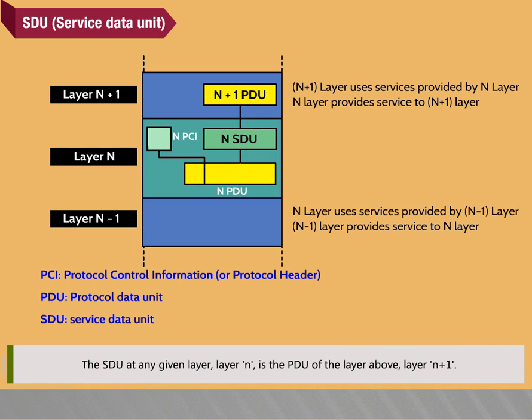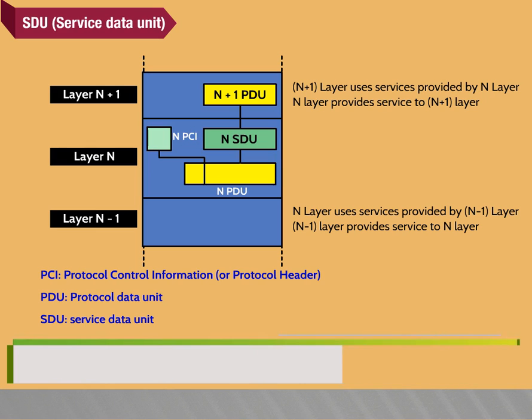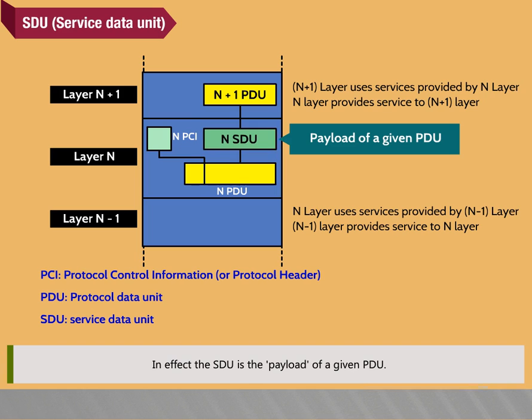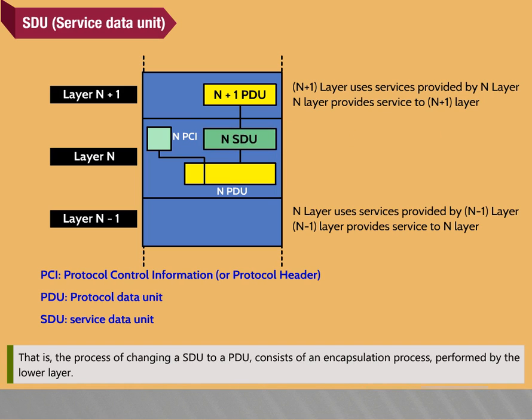The SDU at any given layer, layer n, is the PDU of the layer above, layer n+1. In effect, the SDU is the payload of the given PDU. That is, the process of changing a SDU to a PDU consists of an encapsulation process performed by the lower layer.